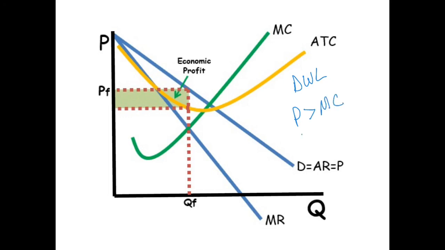And two, the quantity of the monopoly is less than the socially efficient quantity. So when we look at this area of the socially efficient quantity, and we look at the fact that price is above marginal cost, we could then illustrate the deadweight loss area on our graph.